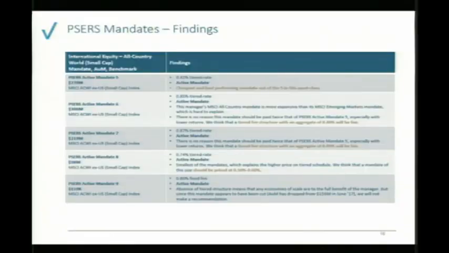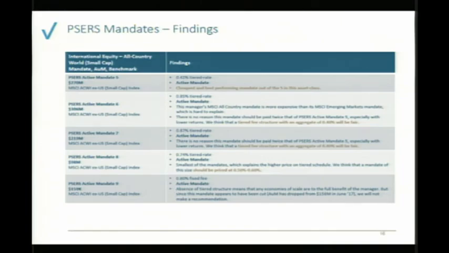So I've mentioned before that we believe all the international equity small cap mandates bear room for negotiation. And I've also mentioned at the beginning of the presentation that a more expensive mandate doesn't guarantee better returns. And in this asset class here, we actually have the living proof of that.